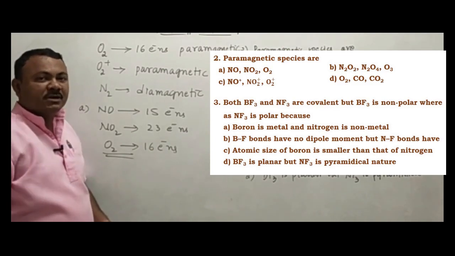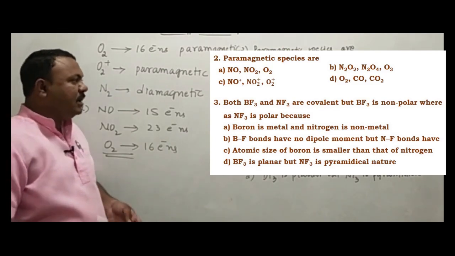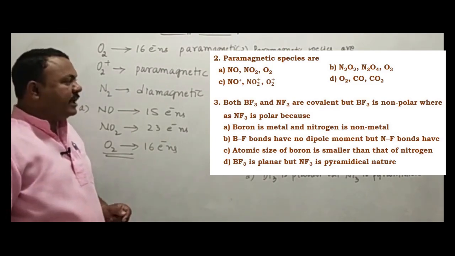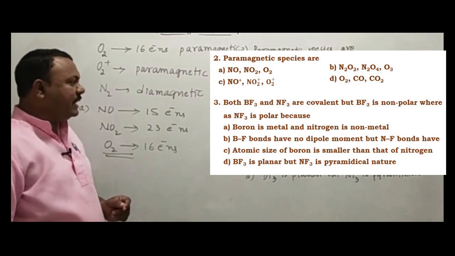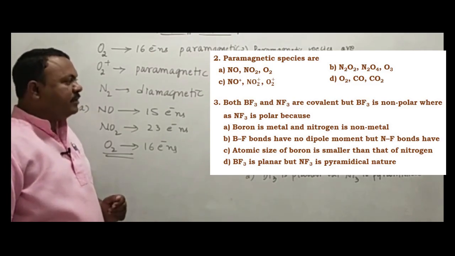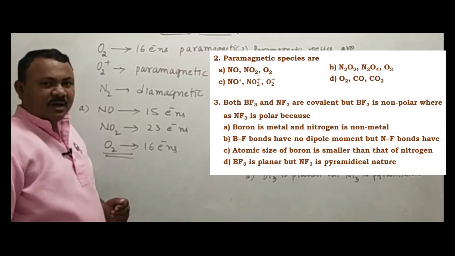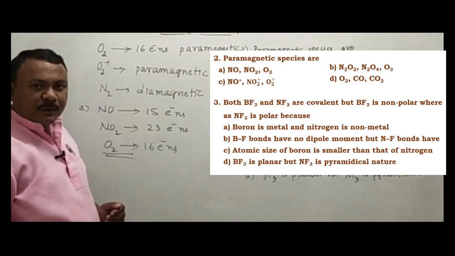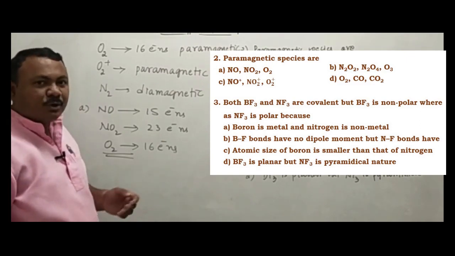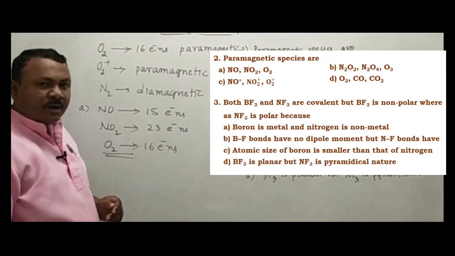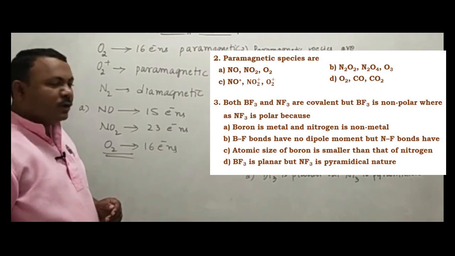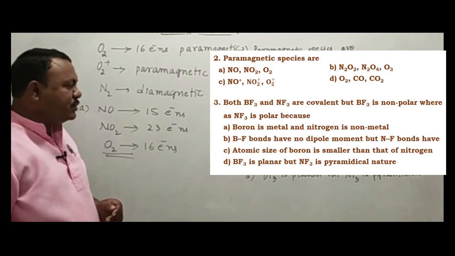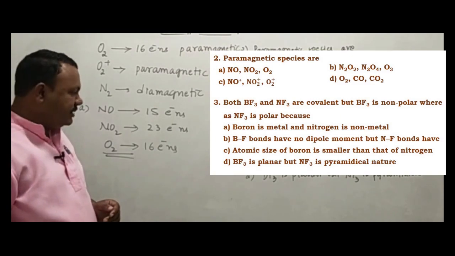Let us go for question number 3. Both boron trifluoride and nitrogen trifluoride are covalent, but boron trifluoride is non-polar, whereas nitrogen trifluoride is polar because: option A, boron is a metal, nitrogen is non-metal. Of course, both are non-metals. B, boron fluorine bonds have no dipole moment, but nitrogen fluorine bonds have dipole moment.